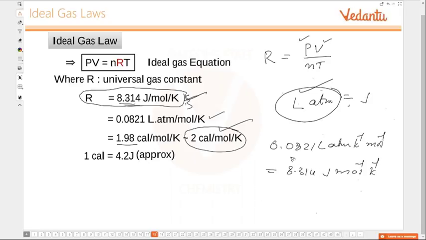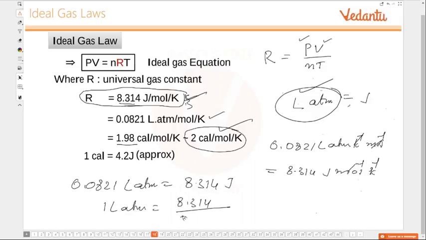Okay. So like this, these two you have to equate. And then the Kelvin per mole get cancelled. Correct? You will get 0.0821 liter atmosphere is equal to 8.314 joules. And 1 liter atmosphere is equal to 8.314 divided by 0.0821 joules.